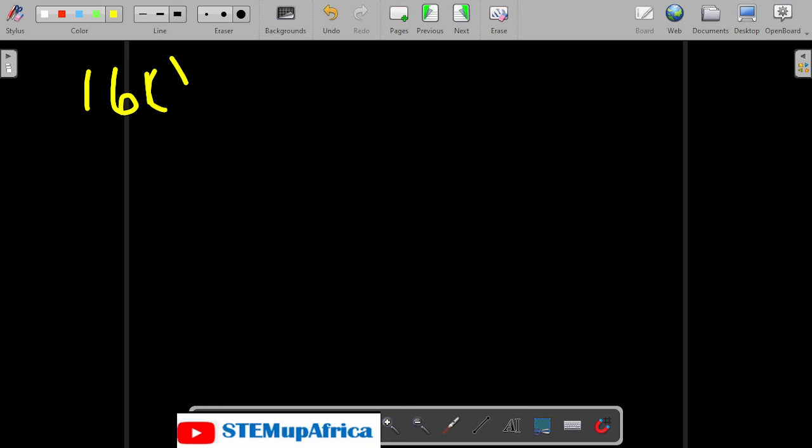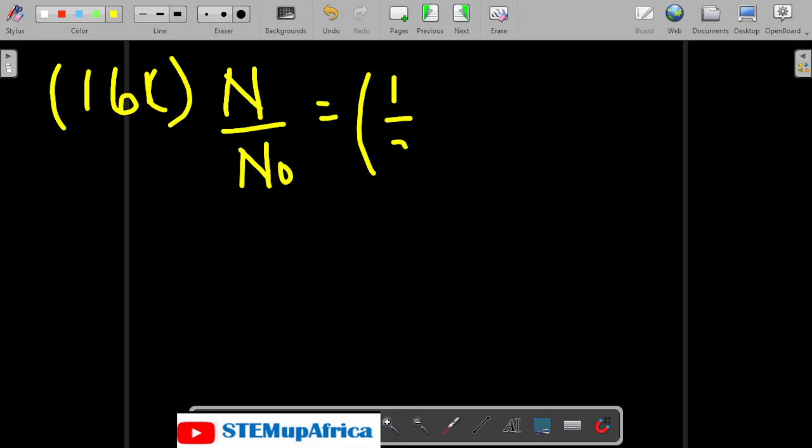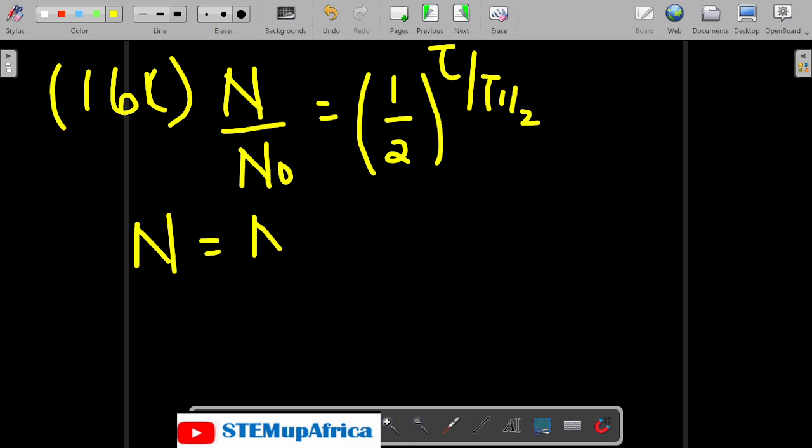That's 16c. We know that the mass over the original mass is 1 over 2 raised to T over half-life. So the mass that will remain is the original mass times 1 over 2 raised to the time over the half-life.